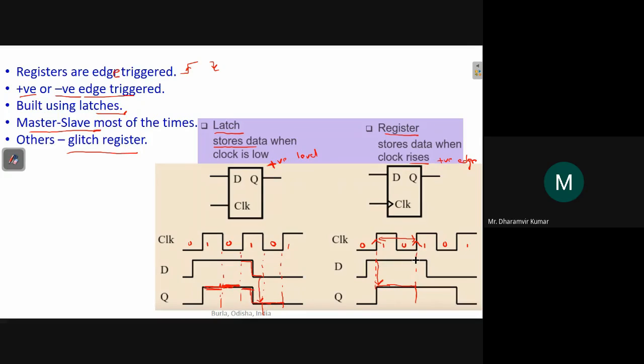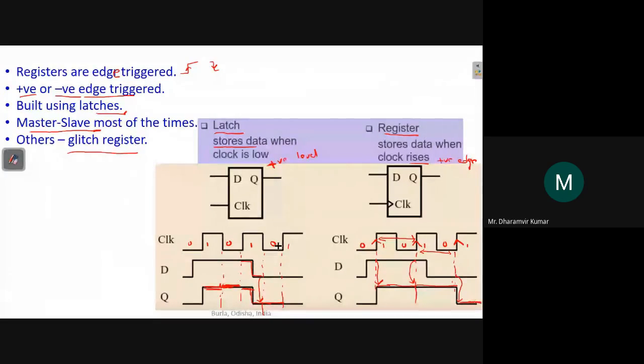The value of D is this one, so this will be captured here, and this level will be maintained for the next duration of time. Again, this is rising edge, and at this edge the value of D is 0, so this captures 0 here, and this 0 level will be maintained for the next clock cycle.